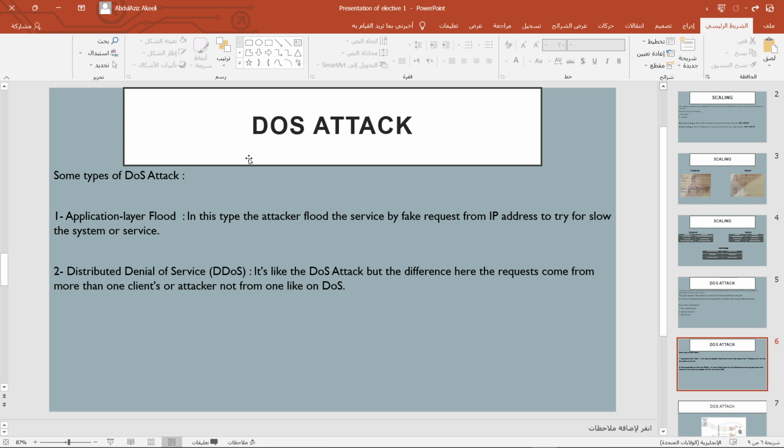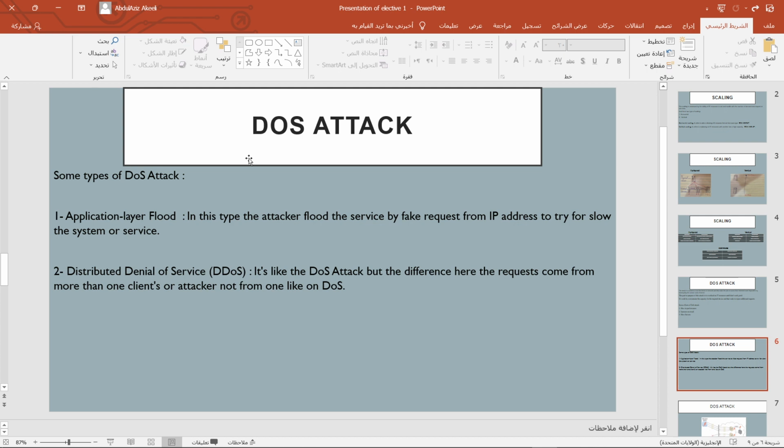There are many types of this attack, but these two are important. Application layer flood: in this attack, the attacker floods the service with fake requests. It means the attacker sends a lot of requests from IP addresses to try to slow the system.